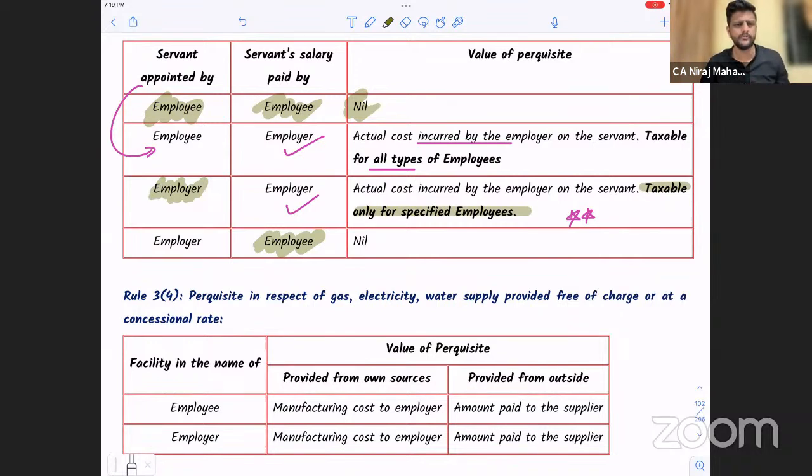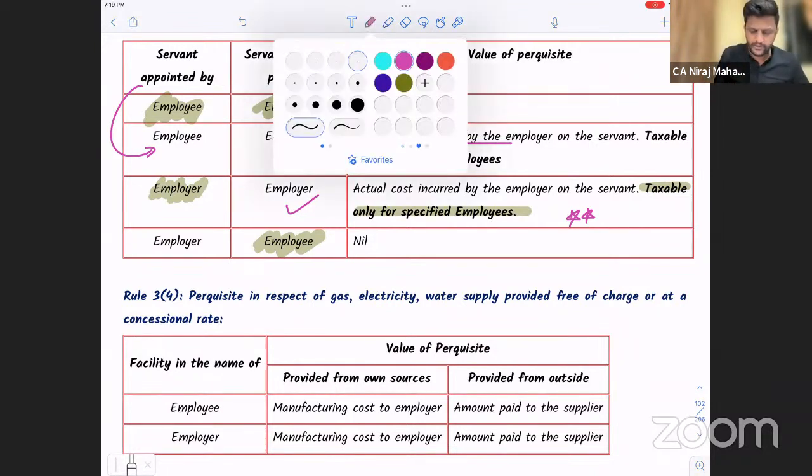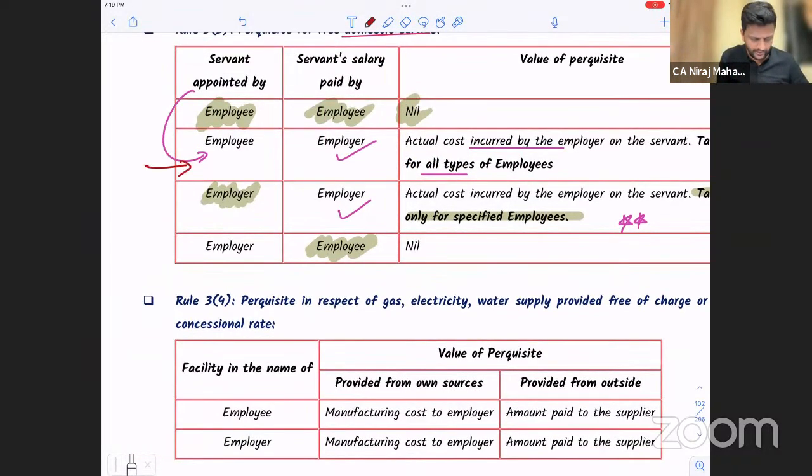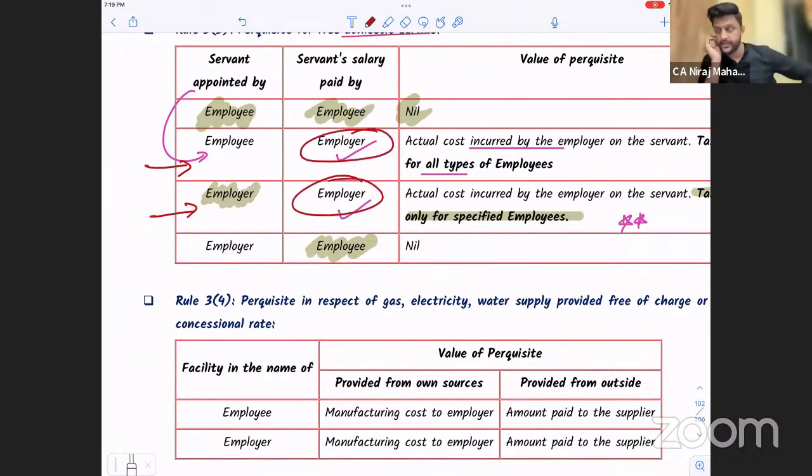If recovered, yes, there can be a concession. First of all, you have to understand that the perquisite can come into the picture only in points 2 and 3, when the servant's salary is paid by the employer.